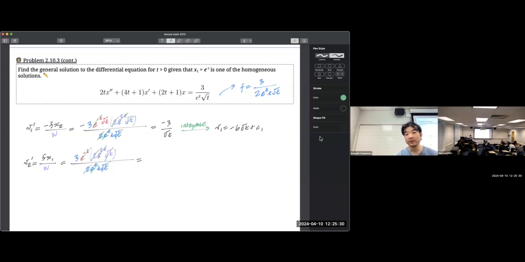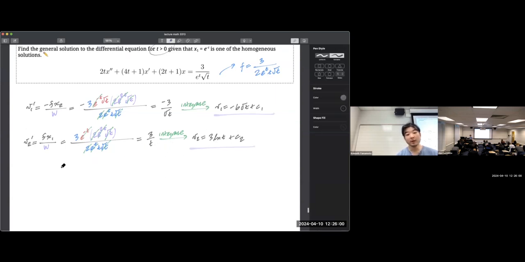So you just have 3 over, this one had a square root of t up here, this one doesn't, so it's just a full t on the bottom. Then you can just integrate this. So your v2 is equal to 3 times ln of t plus c2. And the absolute value can be dropped since t is greater than 0. So those are your v1 and v2.